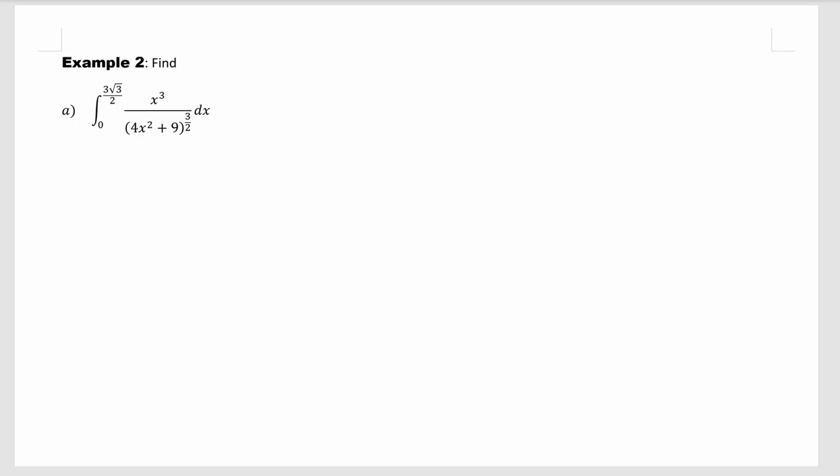Okay, so x squared plus 9. Remember, if you see the square root of x squared plus a squared, then you let x be a tangent theta, right? But now I see the square root of 4x squared plus 9. So you can think of this as 2x squared plus 9. So you set it up as 2x equals 3 tangent theta.